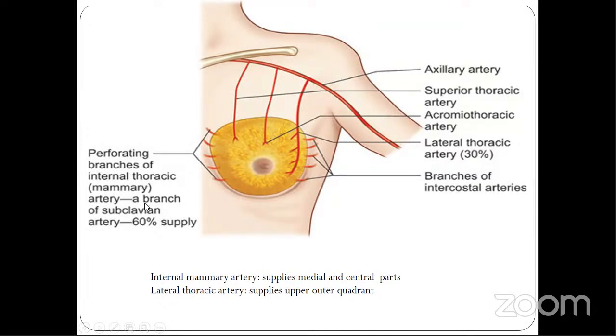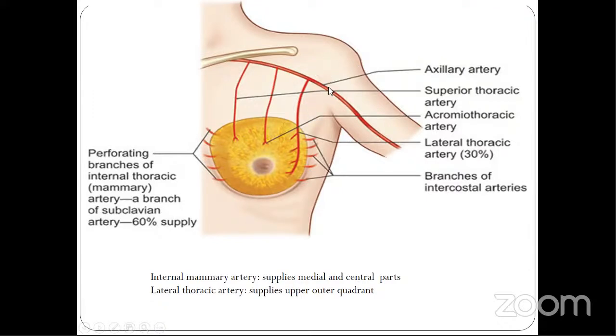The subclavian branch is the internal thoracic or mammary artery. It supplies most of the breast, about 60%.